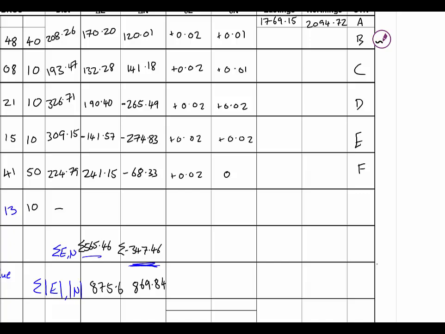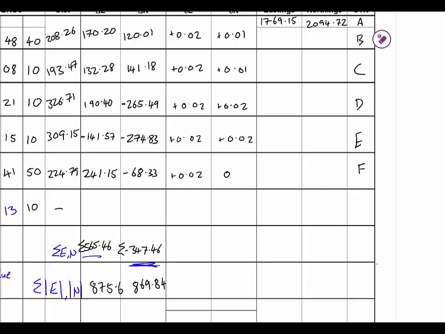Coordinates at A, we know the change in Eastings and the change in Northings from A to B, because these are given here. We know the corrections that we need to make, because these are given here. So what we're going to do is add these all together. Eastings first and then Northings.